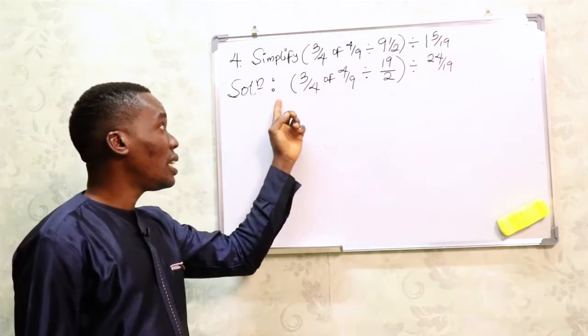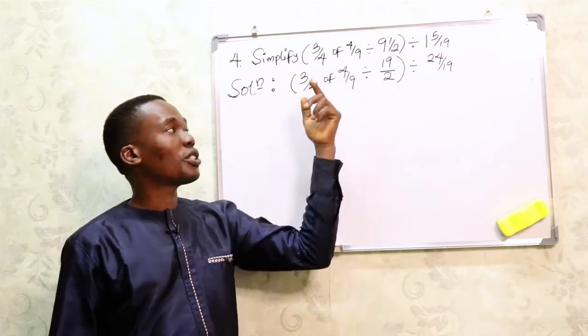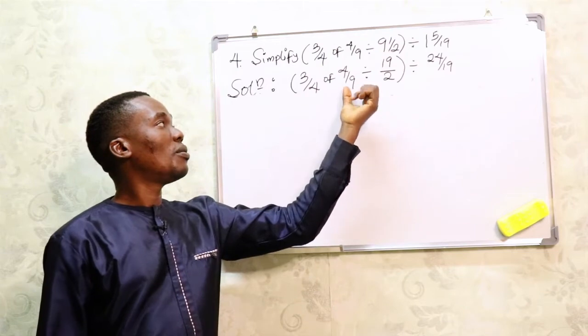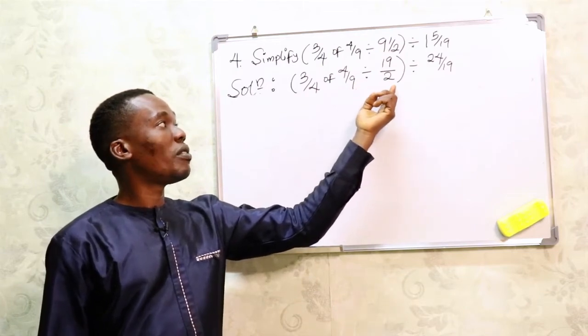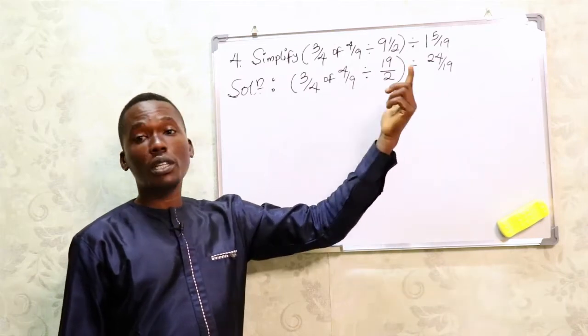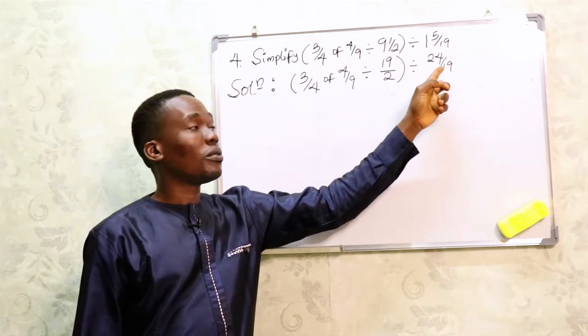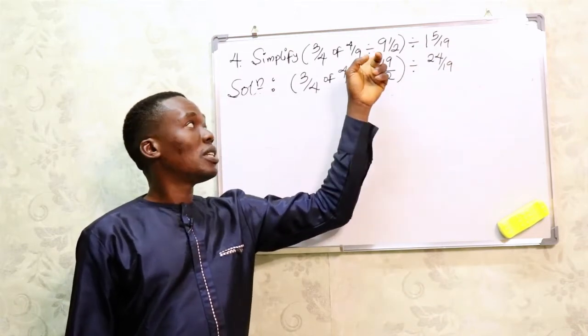So what we did here is to convert these mixed fractions to what? To fractions, and that gives us this value, 19 over 2 and 24 over 19. You know how we did it? 19 times 1 gives you 19 plus 1, that will give you 24 over 19. You do same to this.